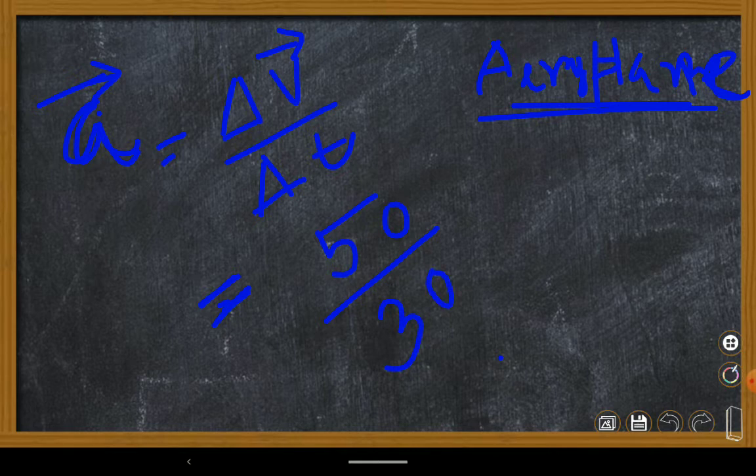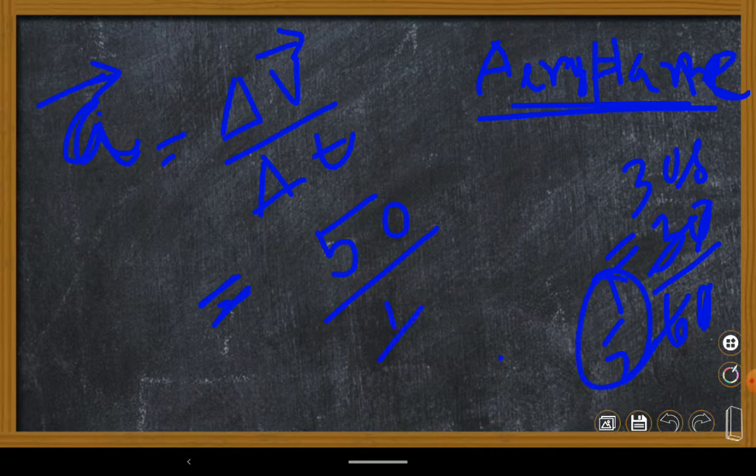Now we have to convert 30 seconds to hours, because we are dealing with SI units. So 30 seconds to hour will be 30 by 60 by 60, which gives 1 by 120.